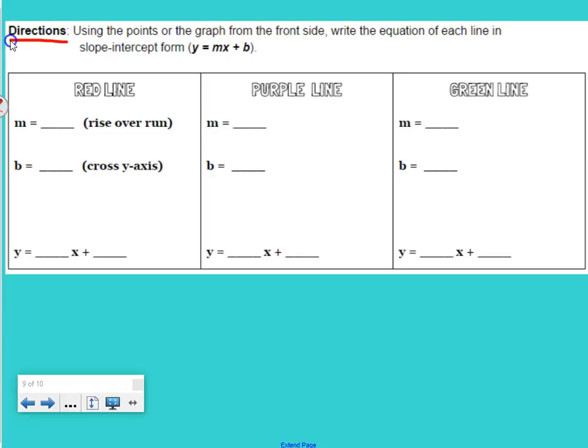Directions. Using the points or the graph from the front side, write the equation of each line in slope-intercept form. Y equals mx plus b. So for all 3 colors, red, purple, and green, you're going to write equations. Now I'm going to do the red line with you just to refresh our memory. For our red line, we need m, which is slope, our rise over our run.